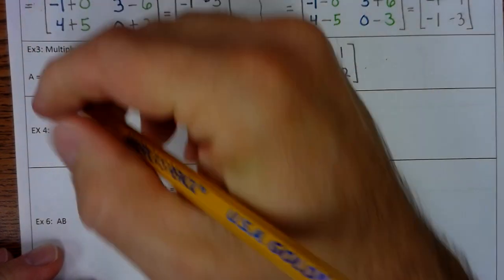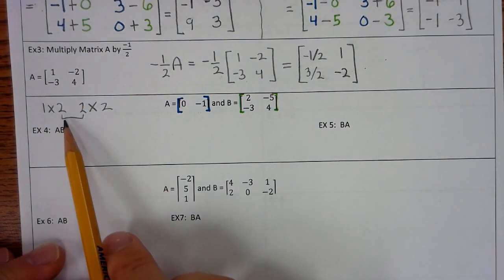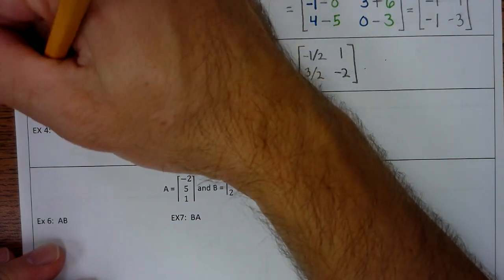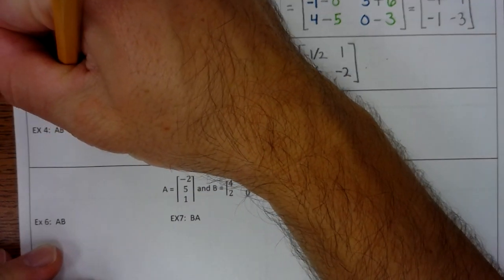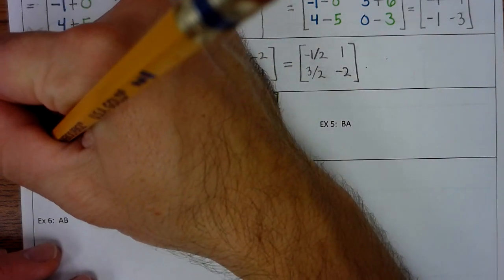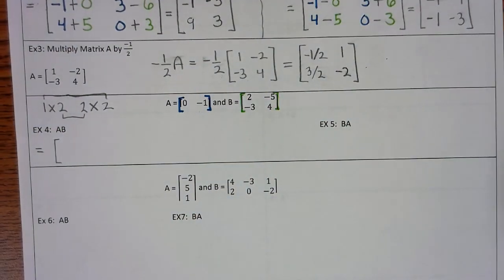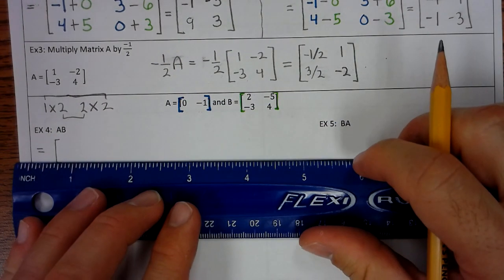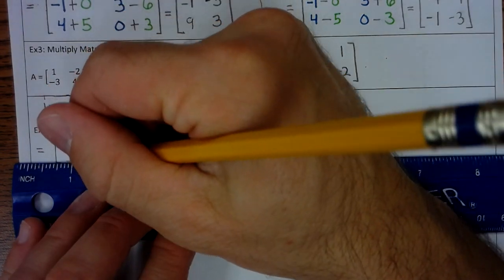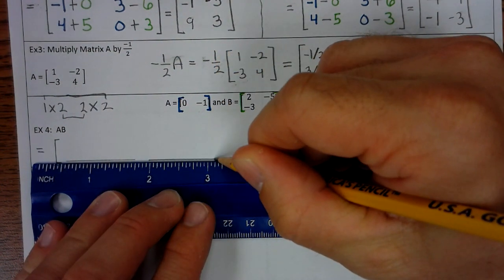Now the first thing you check is if these are the same. They are. So the end result will be a 1 by 2. So I know when I multiply, I'm going to have 1 row and 2 columns.